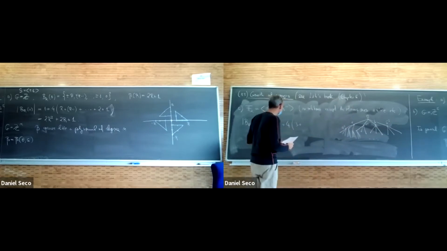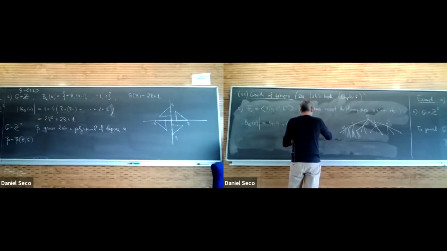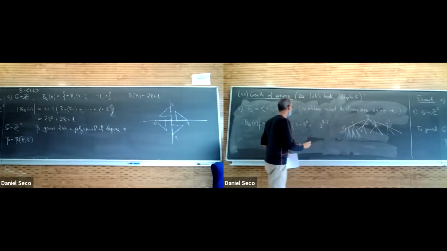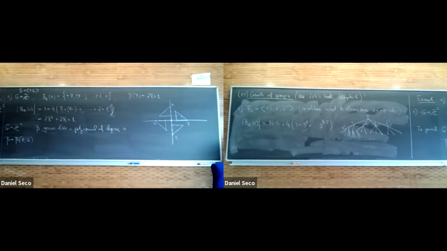In the next generation, you get 4 times 3 squared, and then you get here 3 times r minus 2 because you lose 2 generations in the first 2 steps. Okay, and that's again a geometric progression.